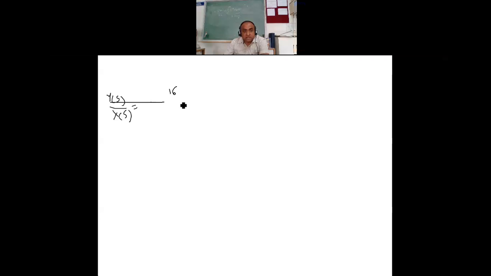It was 16, divided by 6 into, what was there in the bracket? I think it was 0.25 s square plus 0.4 s plus 1. Okay, so this is what you got.